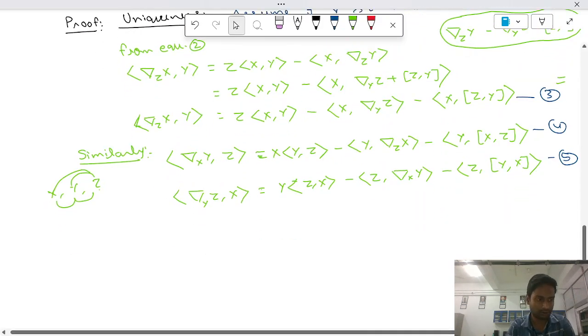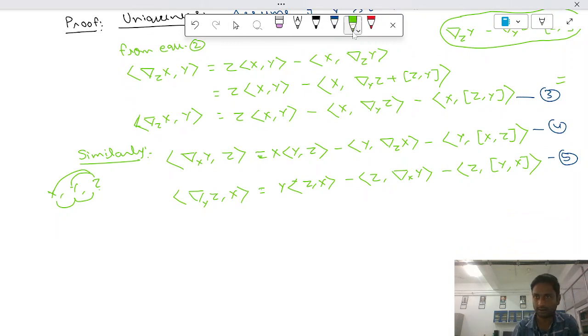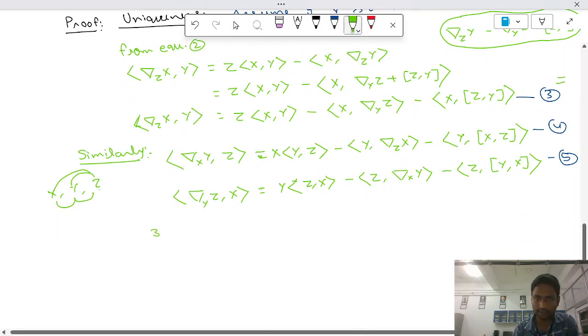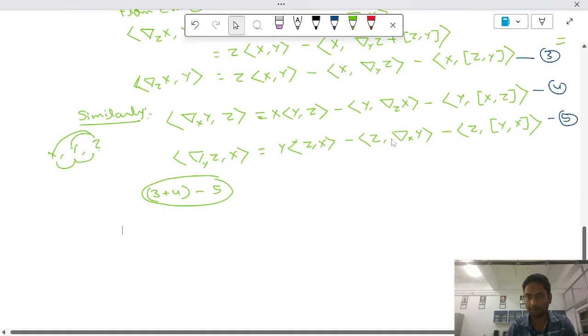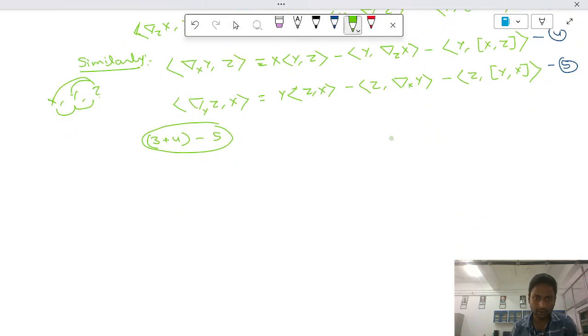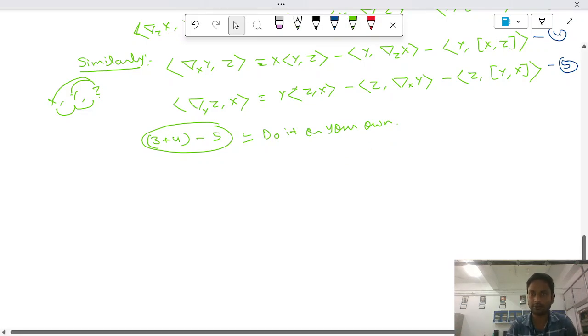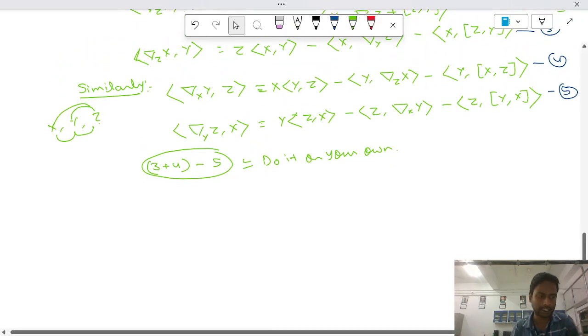Now what you need to do is simply add the third equation and the fourth equation, and then subtract the fifth equation. Some terms will cancel out by using certain properties of the metric. I hope you can do this, so do it on your own. In case anyone has any problem with this, let me know. I will do the entire calculation in the next lecture.